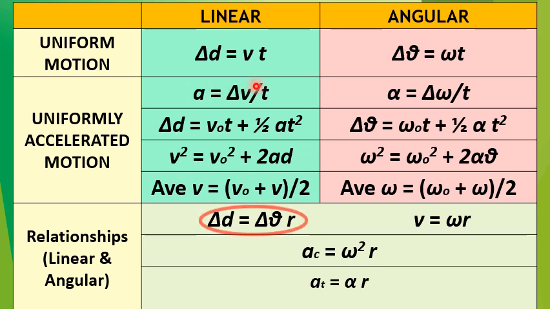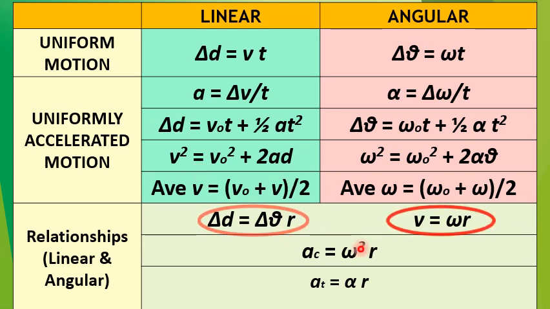We pay attention to some of them that relate linear and angular quantities, such as delta d equals delta theta times r, or the change in linear displacement or distance is just equal to the change in angular displacement times the radius r.